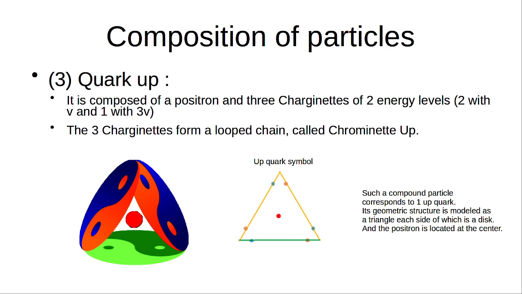Such a compound particle corresponds to an up quark. Its geometric structure is modeled as a triangle, each side of which is a disk, and the positron is located at the center. Here is the up quark symbol.